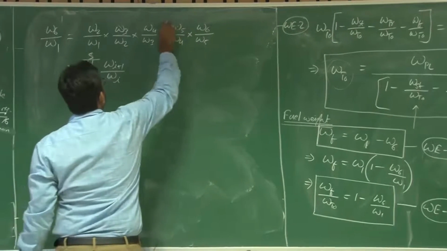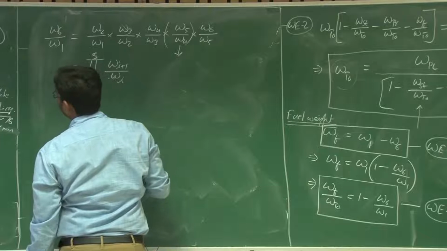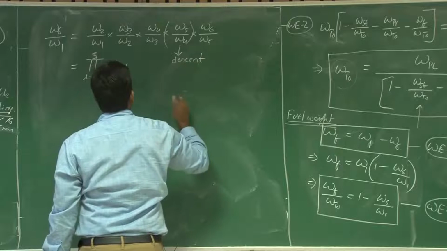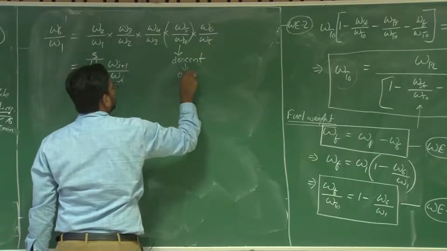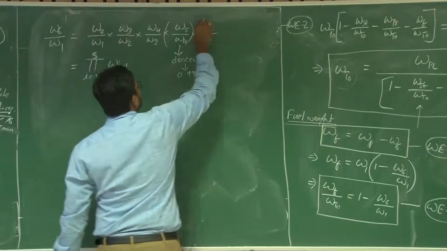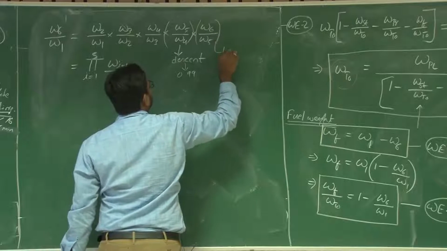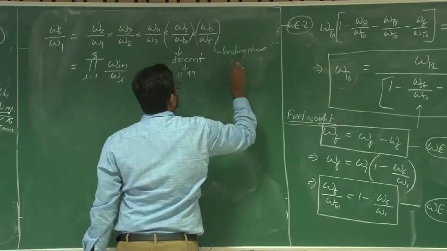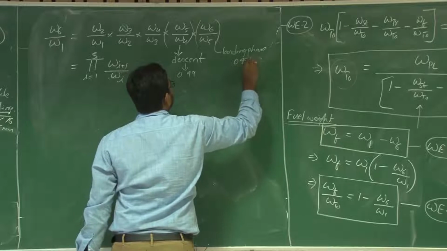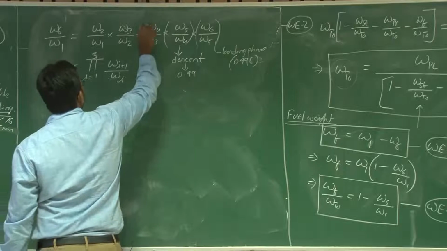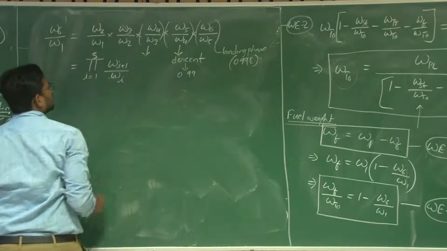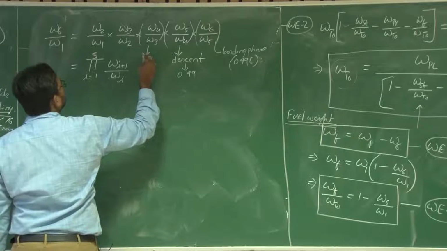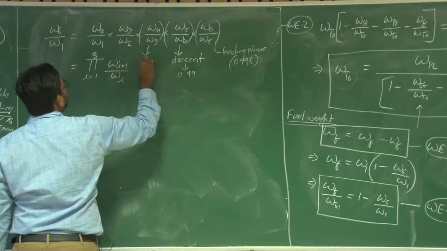This particular weight ratio belongs to descent, which is almost 0.99, right. This corresponds to the landing phase, which is 0.998, and this is for cruise.